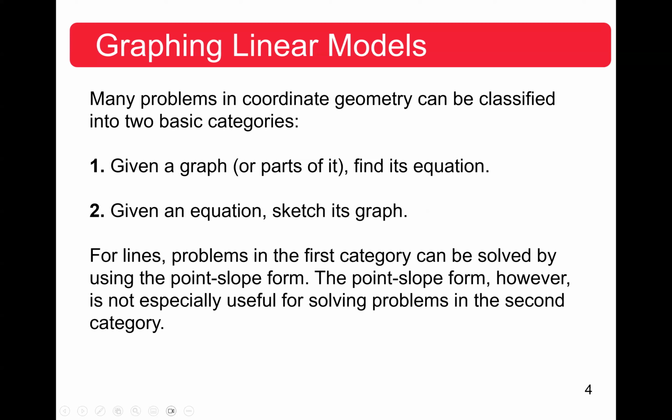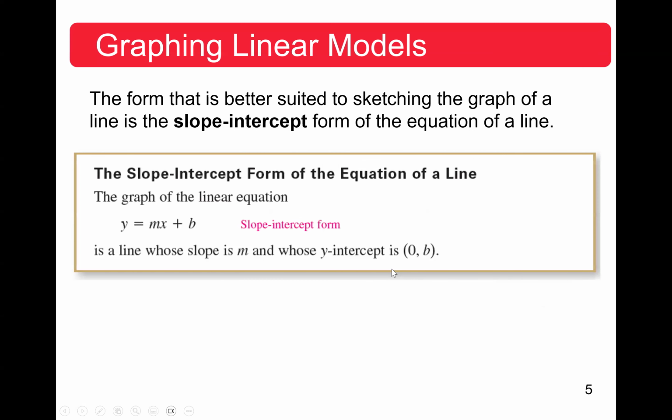Problems in the first category can be solved by using the point-slope form. The point-slope form, however, is not especially useful for solving problems in the second category, where given an equation, we should sketch its graph.